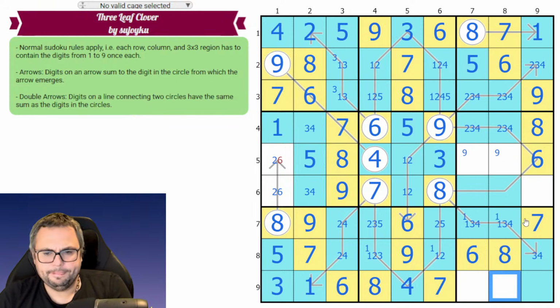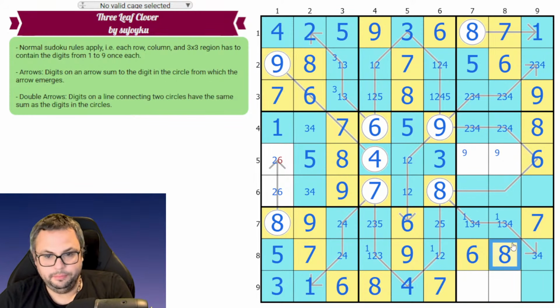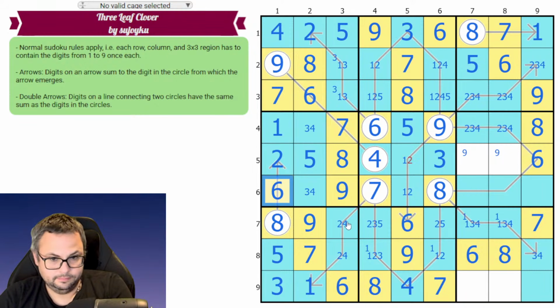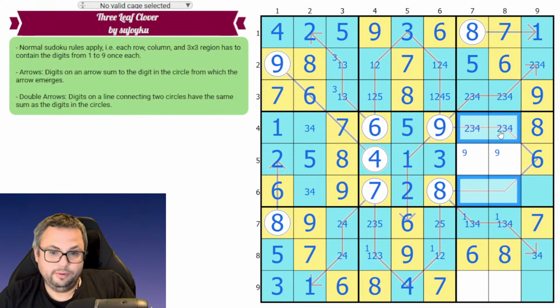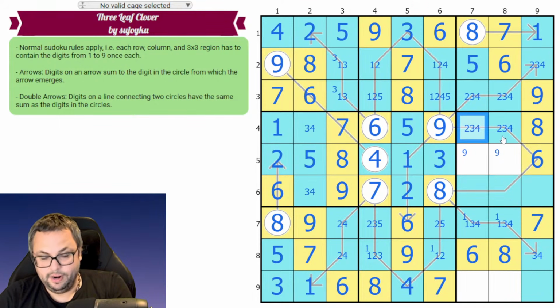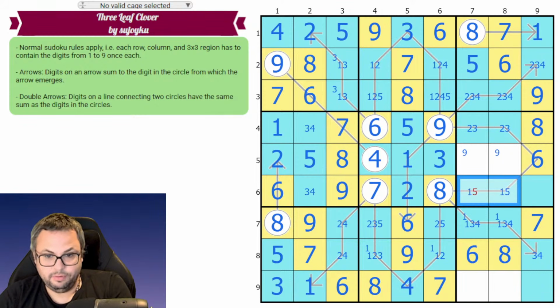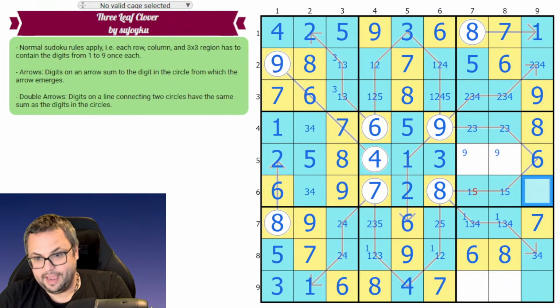And that's blue. And therefore, that's a 6, and that's blue. And now this is a 4-digit sum to 11, so it doesn't have a 4 in it. It's 1, 2, 3, 5, so these are a 1, 5. And that is a 4.